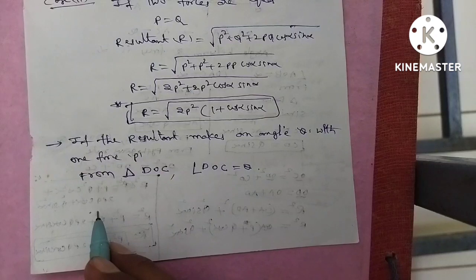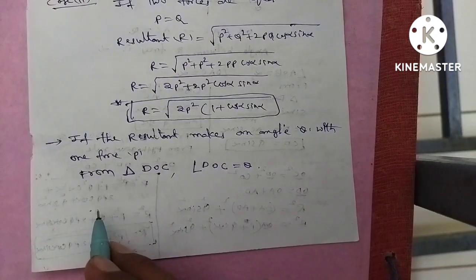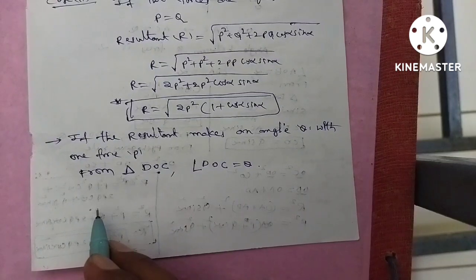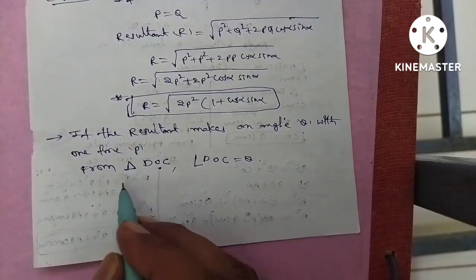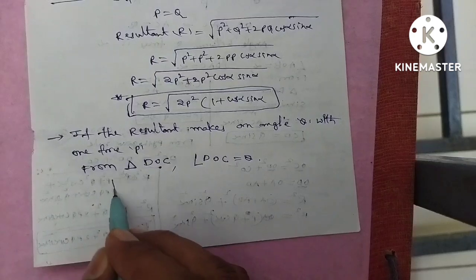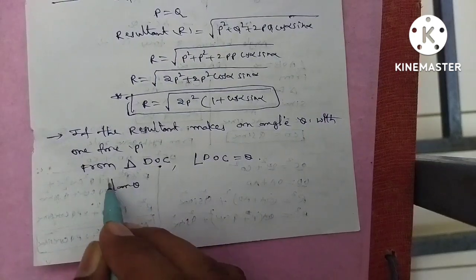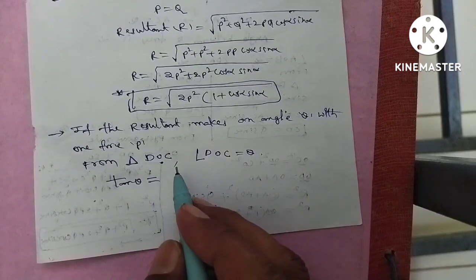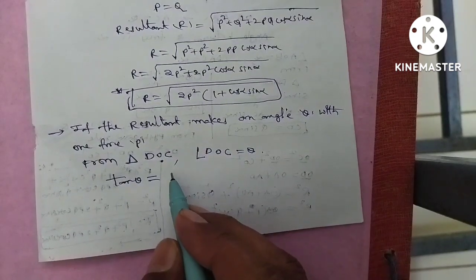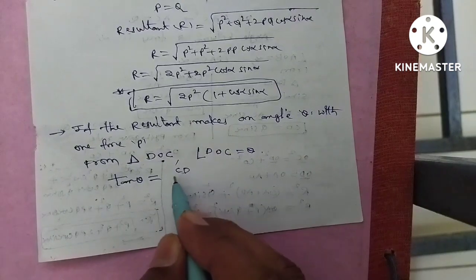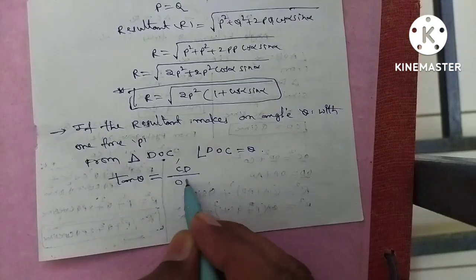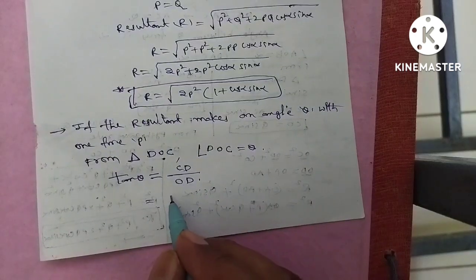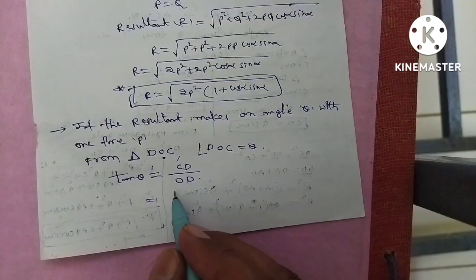So from triangle DOC, tan theta is equal to opposite side by adjacent side. What is the opposite side and what is the adjacent side? Refer to the figure, that is CD by OD. So what is CD and what is OD?